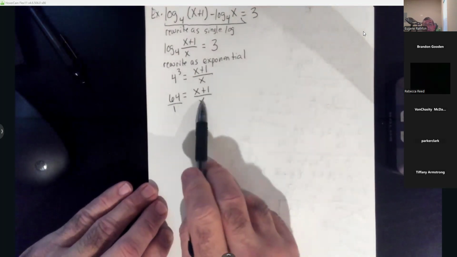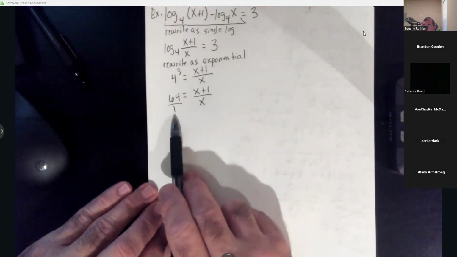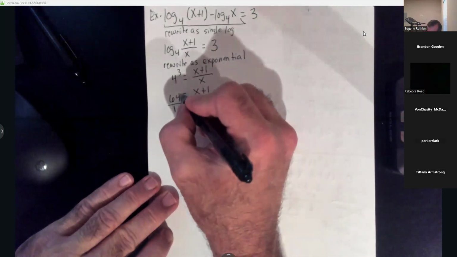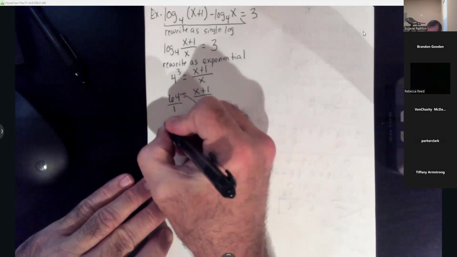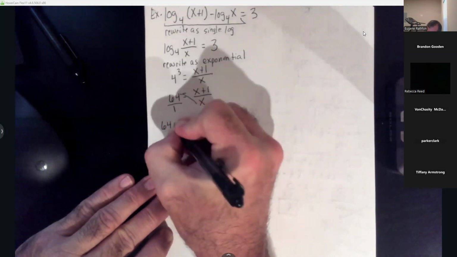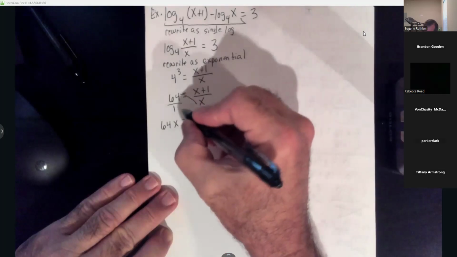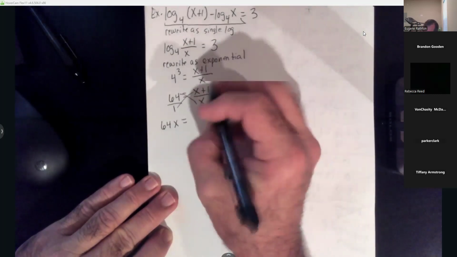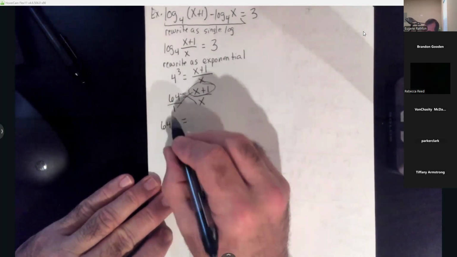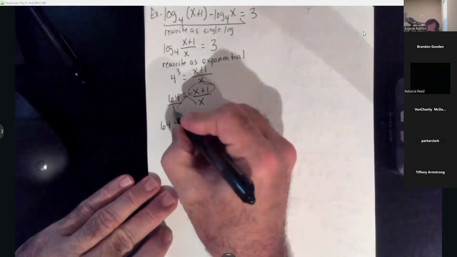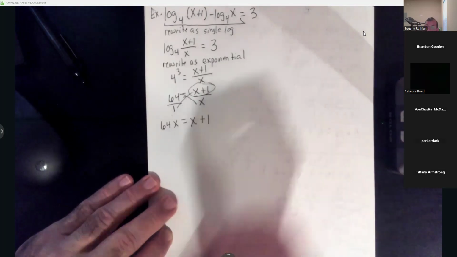Because I got a fraction equal to a fraction, I'm going to cross multiply this again, okay? So we'll take the 64 times the x. That's going to give us a 64x on the left side. And then I'll do the 1 times the x plus 1. Well, 1 times x is x, plus my 1 times 1 is 1.